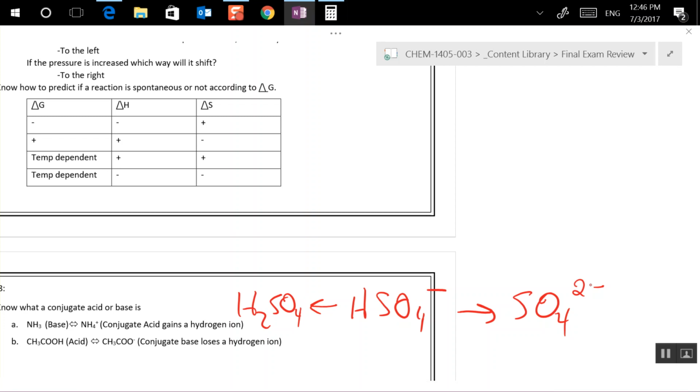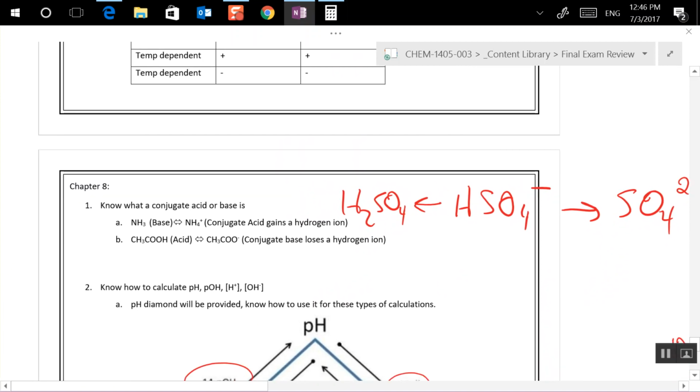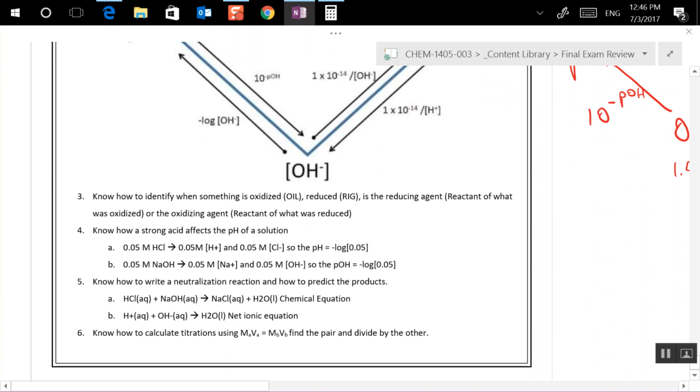When I remove it, now both of the negative charges are present. Correct. Don't worry about the oxidation reduction part. It's not on there.